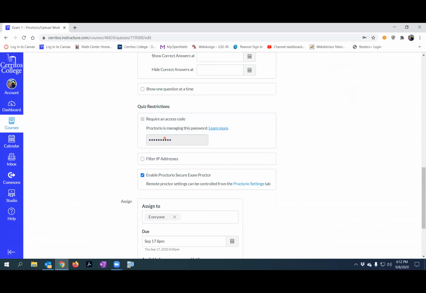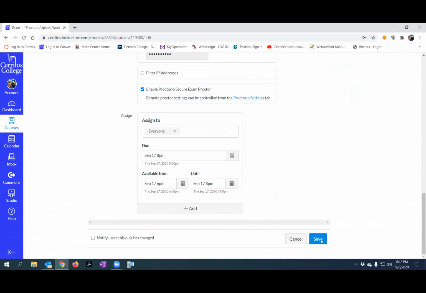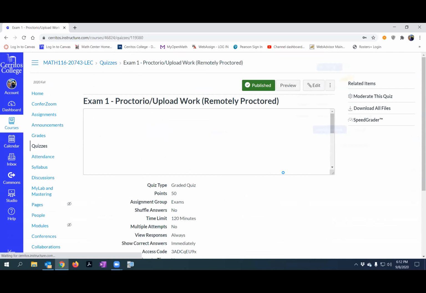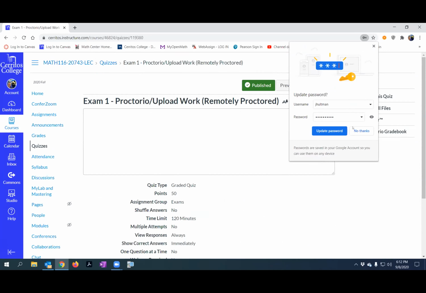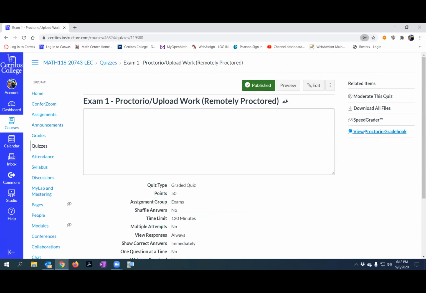Restrictions, and so on. Okay, that's good. Should be good now.